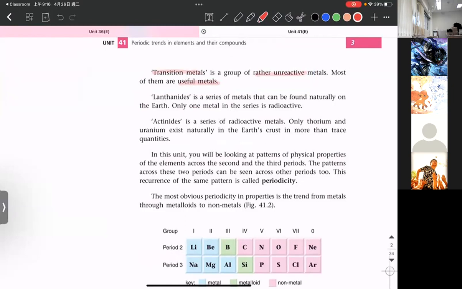Relatively, they have a stronger metallic bond. We will cover that later, and I will offer you some explanation. Stronger, all of you please mark it down: stronger metallic bond when compared with group 1 and group 2 main group metals.